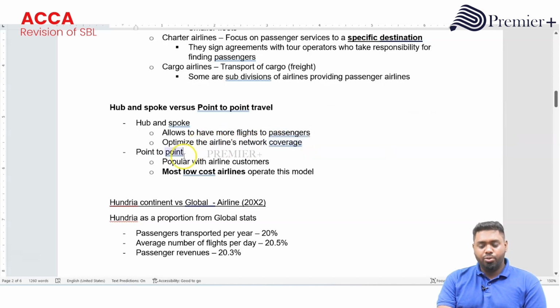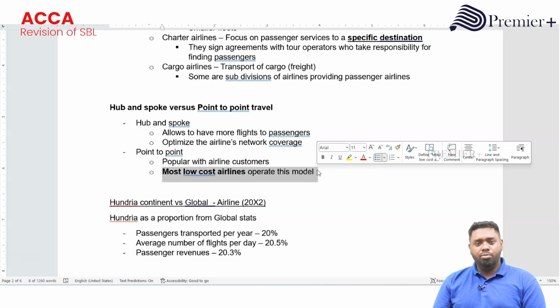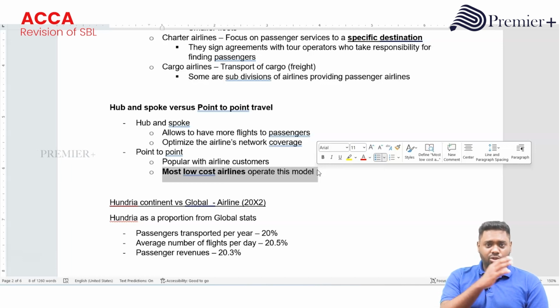But point-to-point is very popular with airline customers because it's more convenient for customers, and most low-cost airlines operate this model because, why? One flight, one destination. There are both pros and cons with the hub and spoke model. Let's say there is one hub in between. So the passenger has to take two flights, from A to C and C to B.